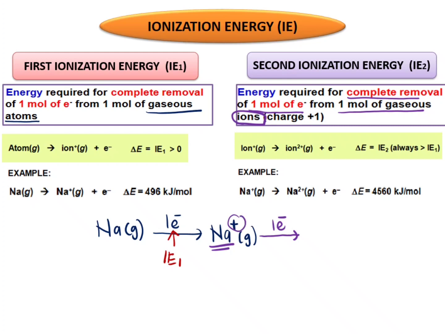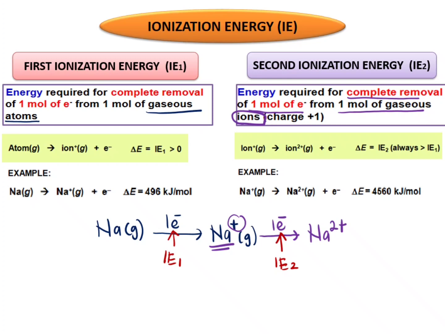So kita remove, buang lagi satu elektron. So dia akan jadi sodium 2+. Nampak tak? Okay, sebab kita buang lagi satu elektron. So bila kita buang elektron yang kedua, ini tenaga yang diperlukan ni dipanggil sebagai second ionization energy.